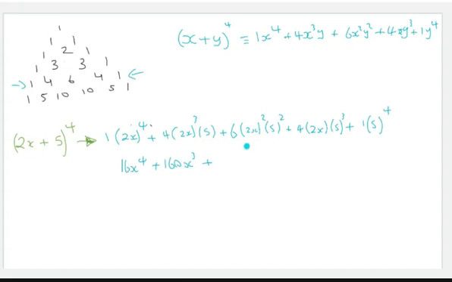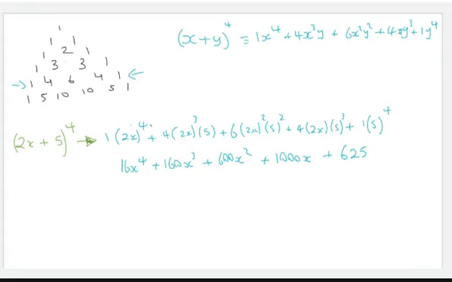Next term, we've got 5 squared, 25, 2 squared is 4, times 25 is 100, times 6 is 600, x squared. Then we've got 4 by 2 is 8, 125, which is 5 cubed, times that by 8 is 1,000. I really hope my arithmetic is correct here. And then you've got 5 to the power of 4, which is 625.